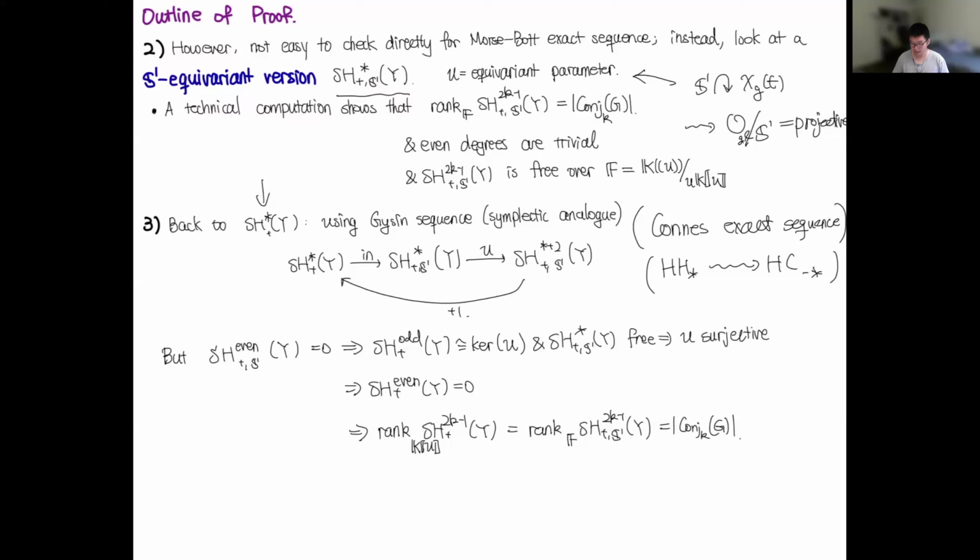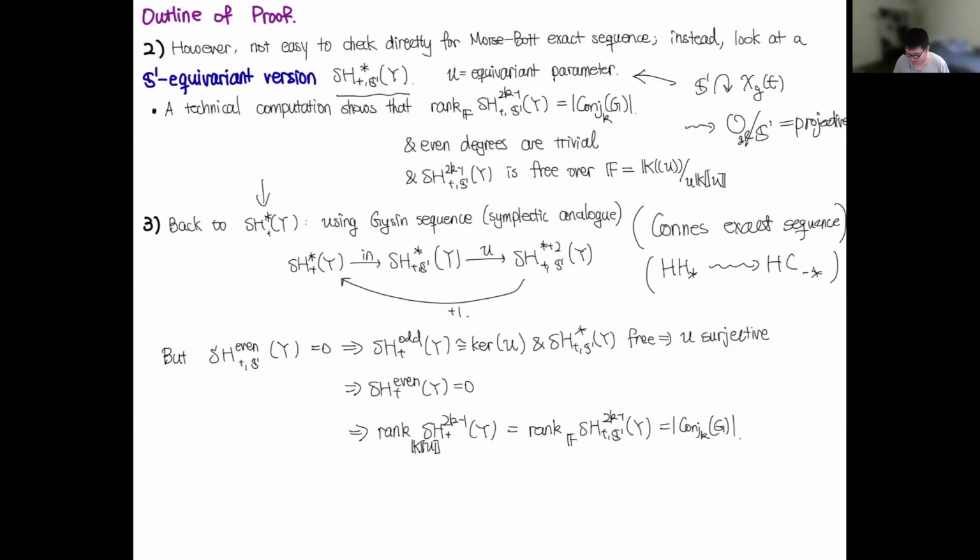And if you combine all these things together, you will finally conclude the proof, because before that we know that the symplectic cohomology is zero, so the odd degree positive symplectic cohomology is isomorphic to the singular cohomology of Y with some degree shifting by 1.